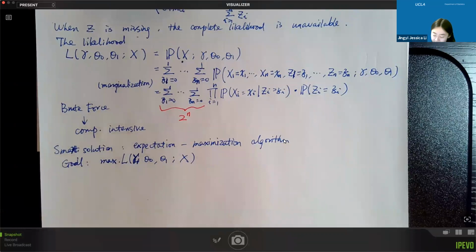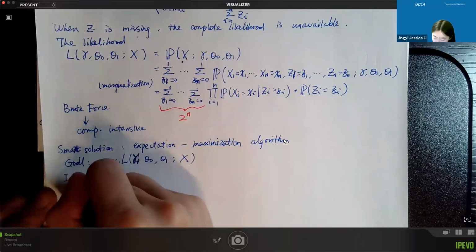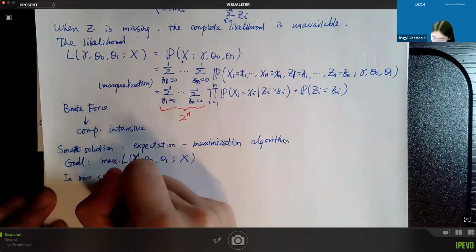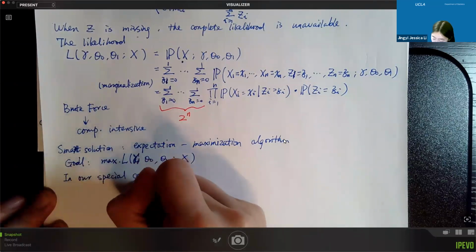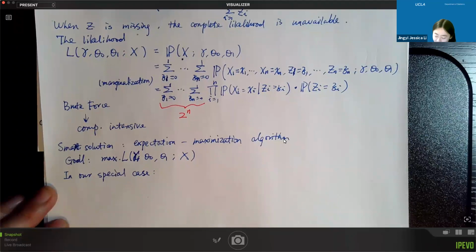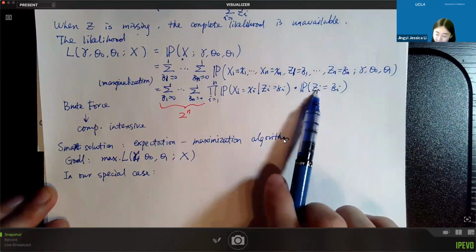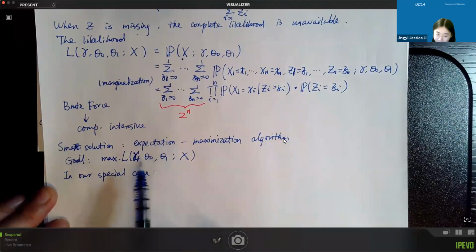In this special case, when we apply it to our problem here, we can show that the E step can be reduced to calculating the expectation of this hidden variable Zi given the current parameter values.